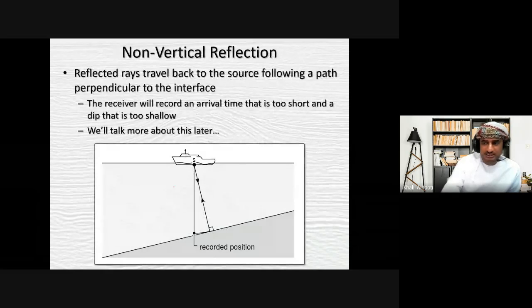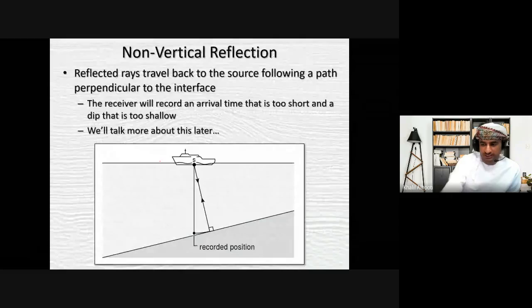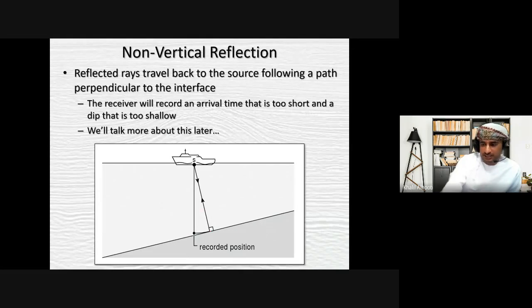So what is a multiple and what are the other drawbacks? We'll go into details. This is a non-vertical reflection. If the source and receiver are the same point, the ray is supposed to go down and be received back. That's what I said. However, the reflection actually comes from perpendicular to the interface.